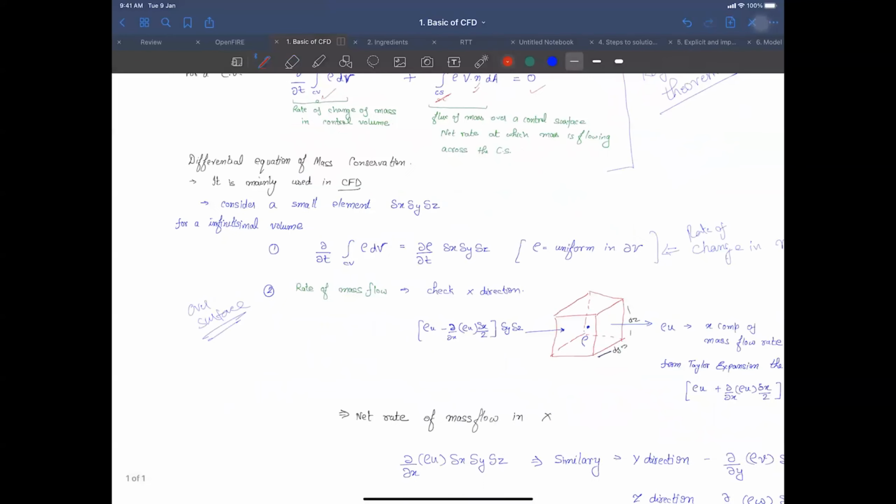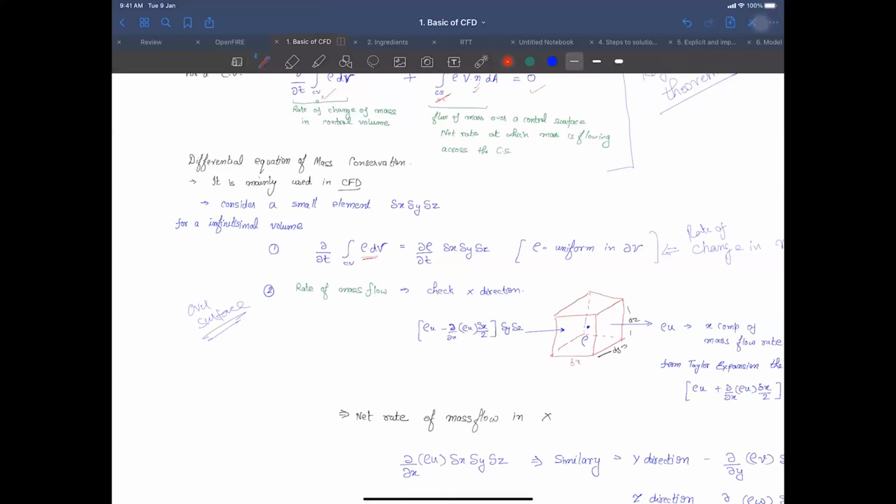Consider a small element, with sides delta x, delta y, delta z. We have a property rho, which is the density, and we want to see how it will change. So rho dV is a mass. The change of mass is d rho dt, because we say rho is uniform in a control volume.